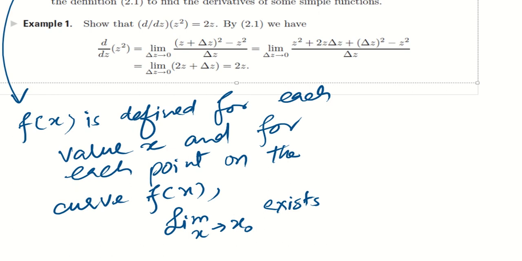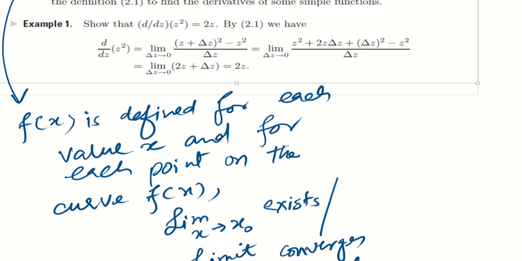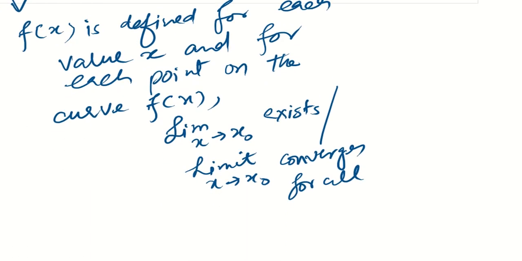Sometimes we say the limit as x approaches x naught converges for all points on the curve.